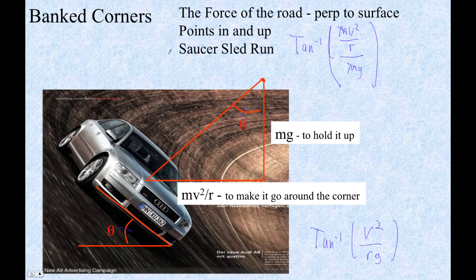It's a bit like we used to make saucer sled runs, where the bank of the curve had a curved cross section to it, just like bobsled runs in the Olympics. They've got a variation of bank angle, and it gets steeper and steeper as they go up this wall.